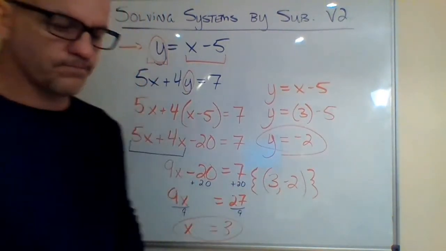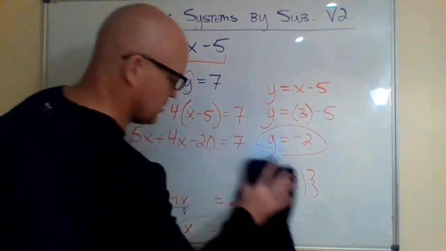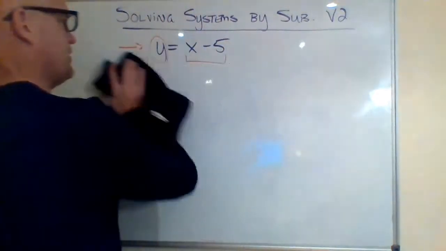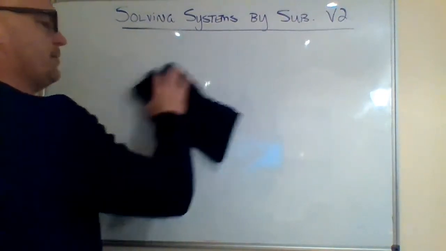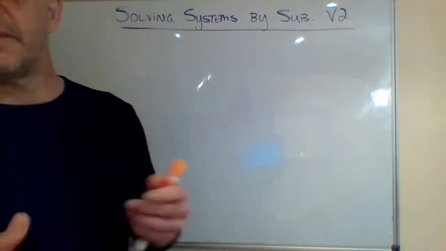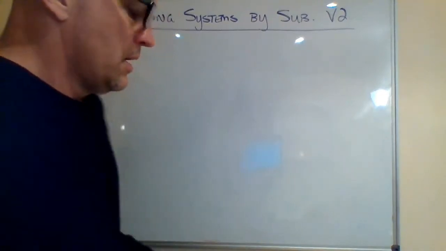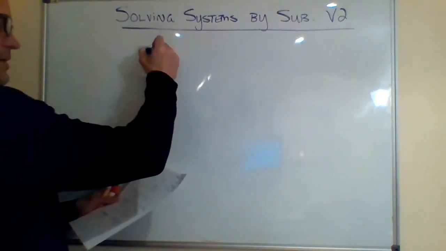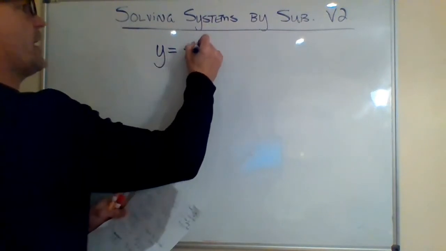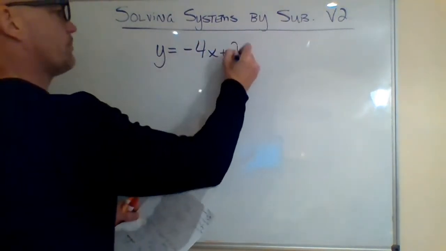Now it's your turn. Again, if you do not have paper and a pencil with you, now would be the time to get it. So you can go ahead and pause this video after I put this system up. Grab your paper and pencil and go ahead and solve it. So y equals negative 4x plus 2.